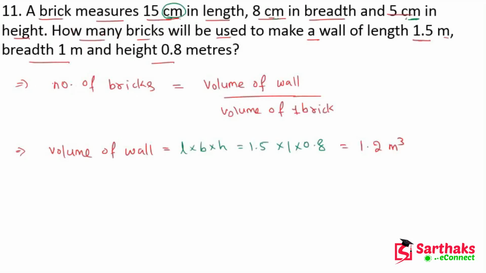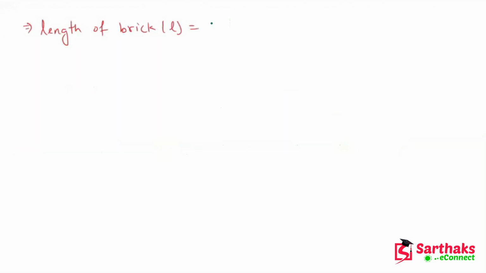So here we can write length of brick, let's suppose this is L, this is equals to 15 centimeter. Now after converting this, here we get 0.15 meter.